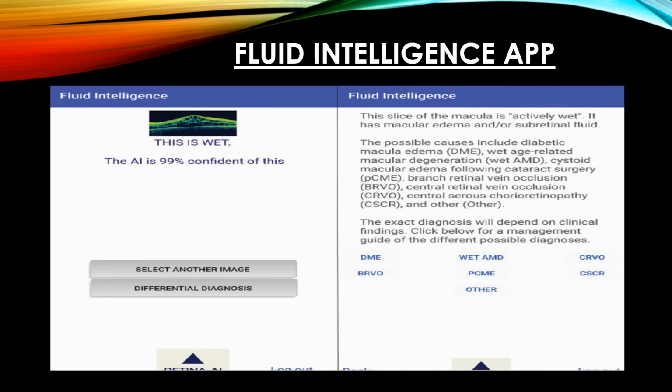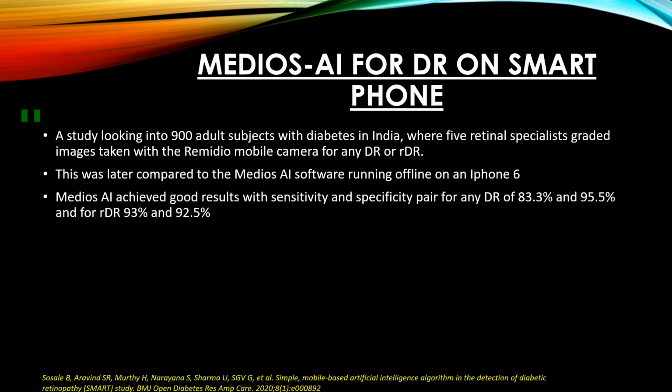It will all depend on your clinical findings. It will just give you a cafeteria approach that there are a number of causes for macular edema, like DME or wet ARMD, cystoid macular edema following cataract surgery, that is Irvine-Gass syndrome, or the edema is because of BRVO, CRVO, or CSCR, or any other cause for that matter.